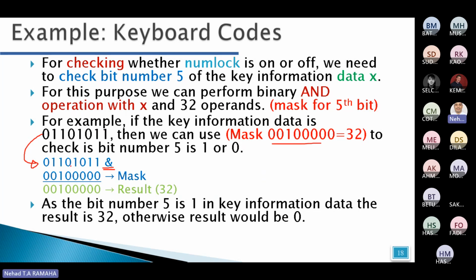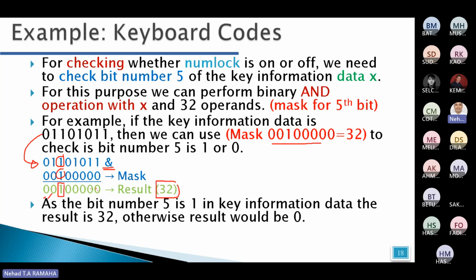So as you can see here, 1 and 0, 0, and 0, 0, and 0, 0, and 0, 0. 1 and 1, the result is 1. All other results are 0. So the result is 32, which is here.